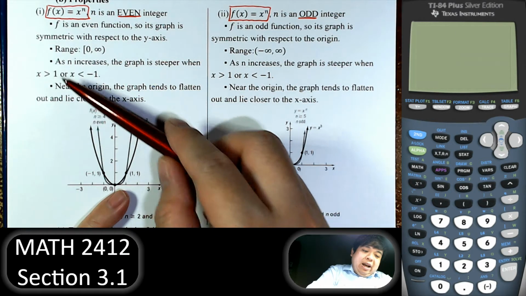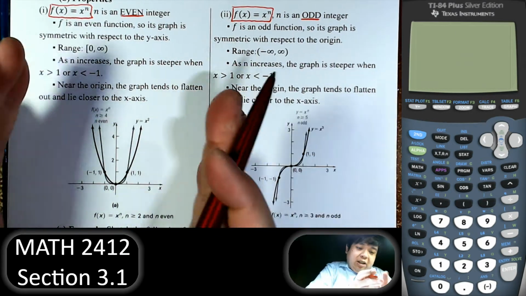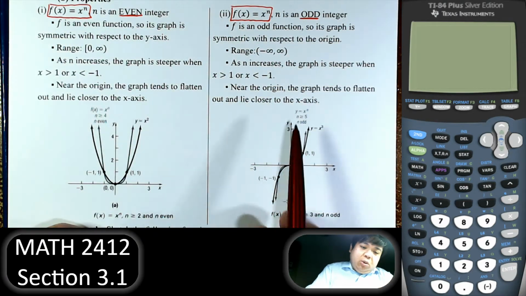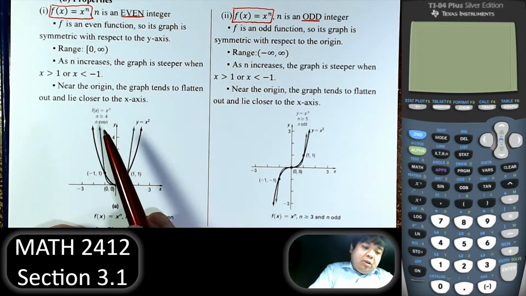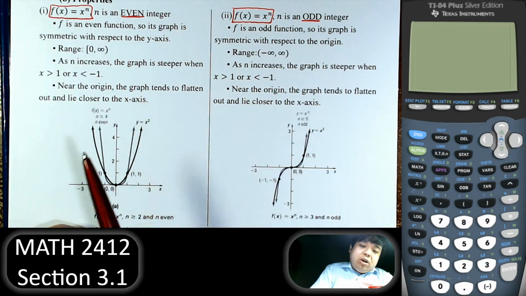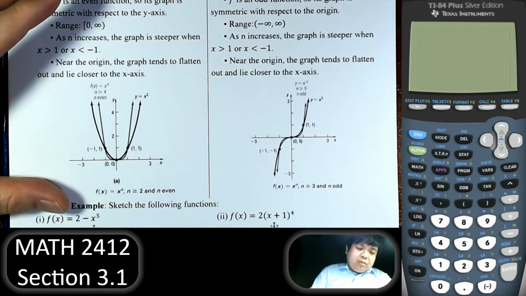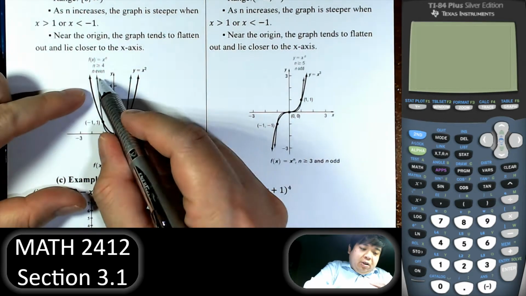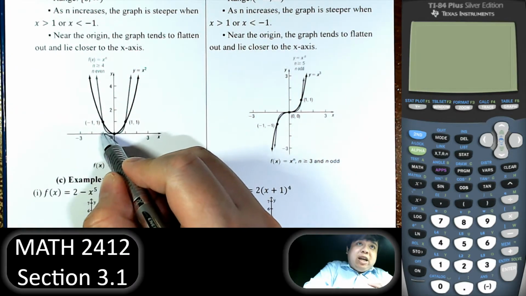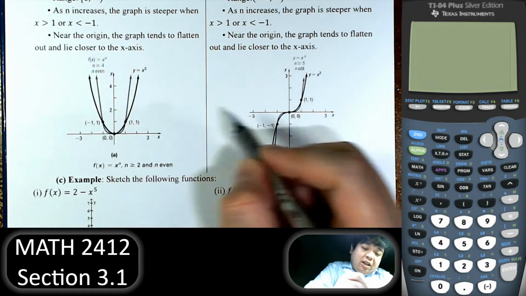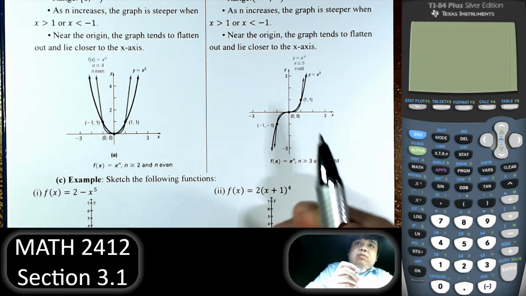When n increases, the bigger n, the steeper the graph is. So those two are the same, and those two are the same as well. The higher the degree, the graph tends to be very flat near 0.